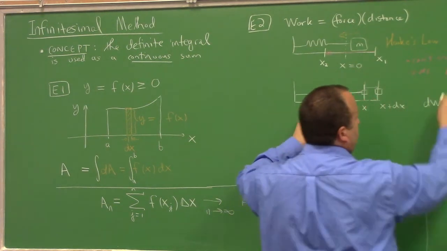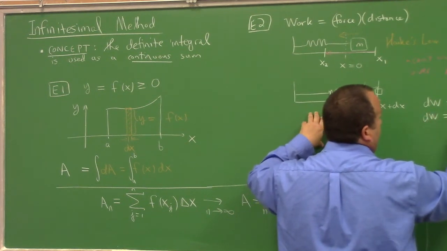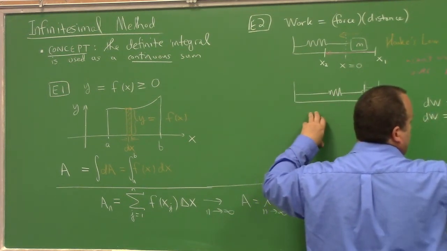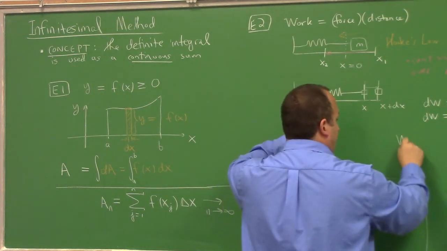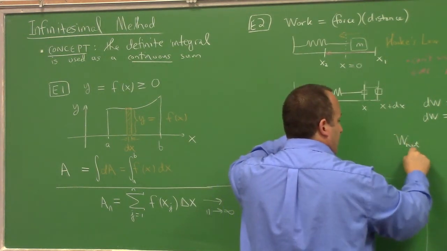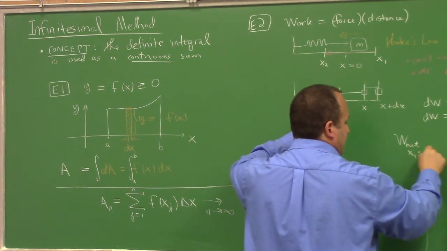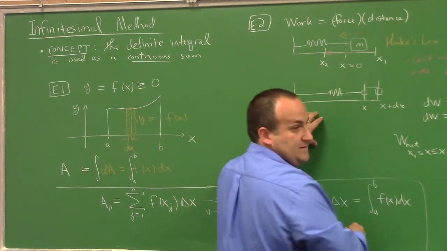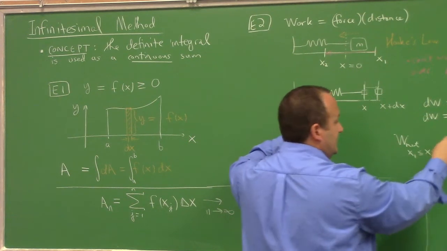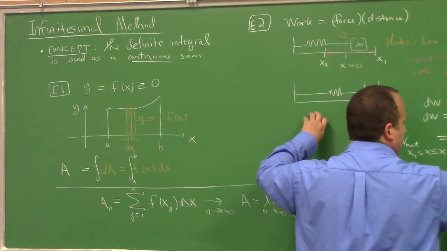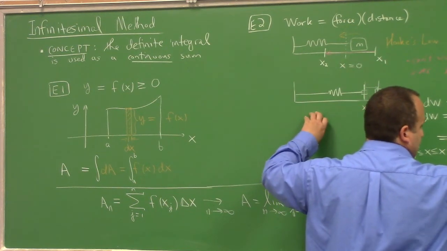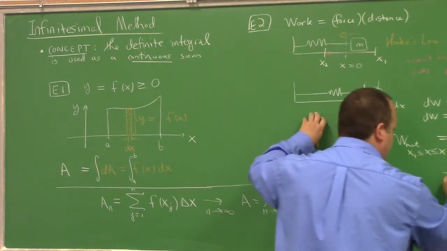But the force here is given by Hooke's law, so we get minus kx dx. And so if I want to calculate the net work done for that motion from x1 to x2, I have to integrate from x1 to x2 of minus kx dx. Now k is a constant, so we can pull it out.